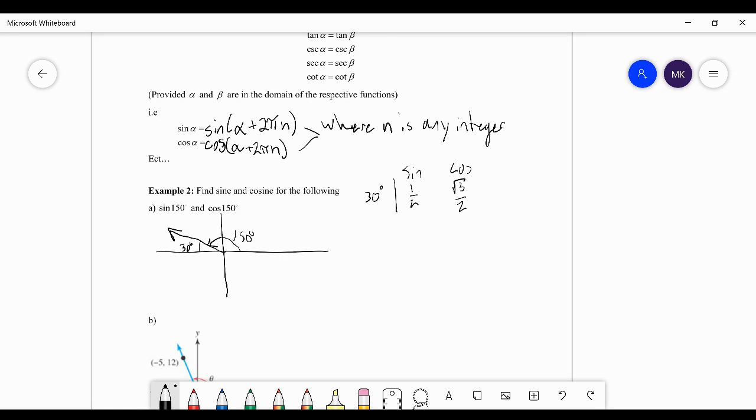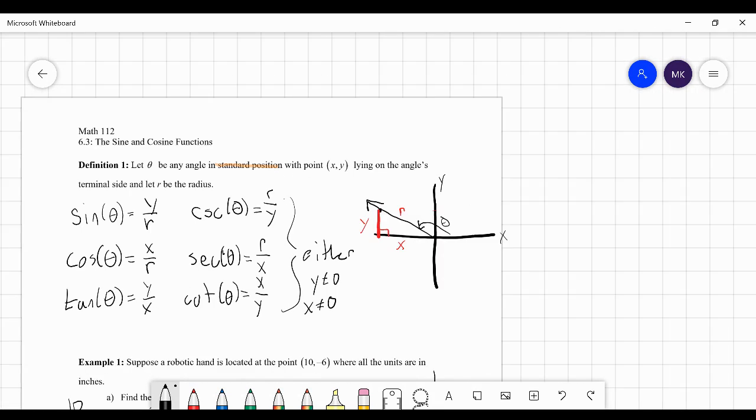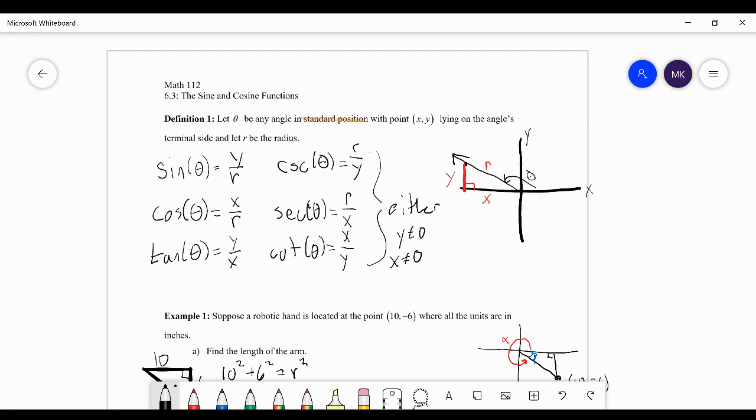When we're looking at this, we still have a 30-degree angle if we think of it using this right triangle. But the difference here is that the x value is negative. Our y value is positive. So what does that do? When we look at the sine of 150 degrees and the cosine of 150 degrees, sine involves the y value, cosine involves the x.